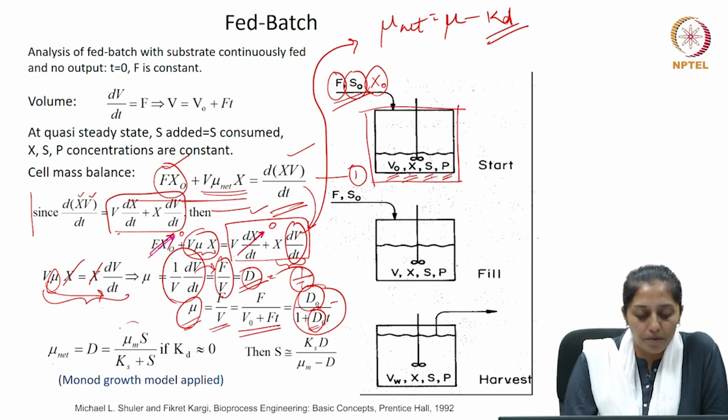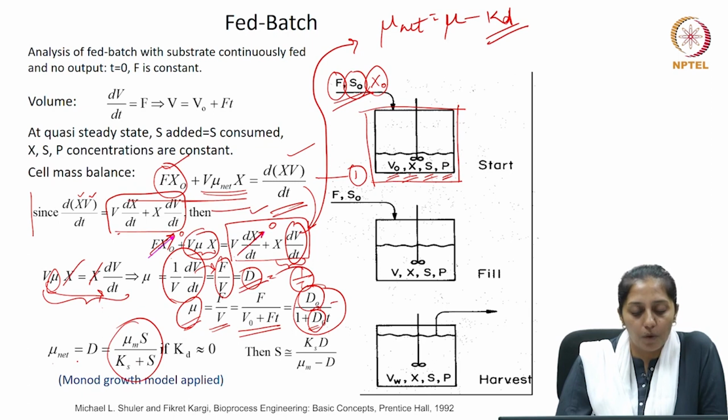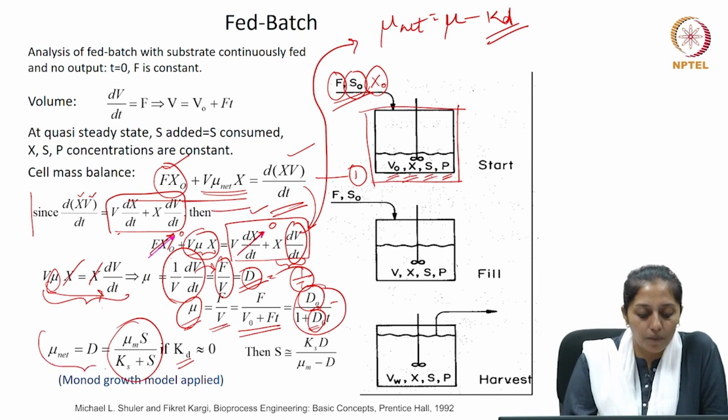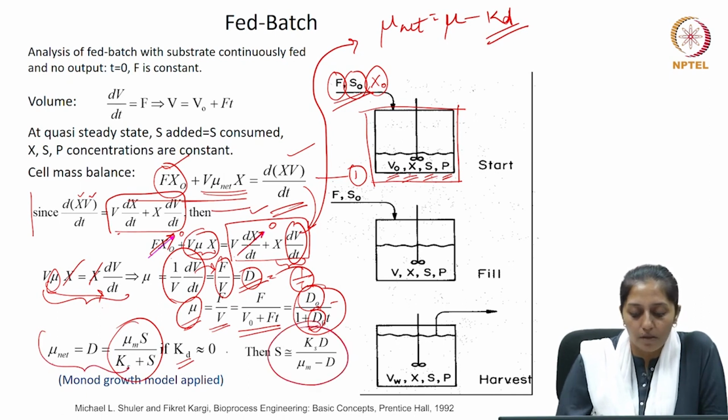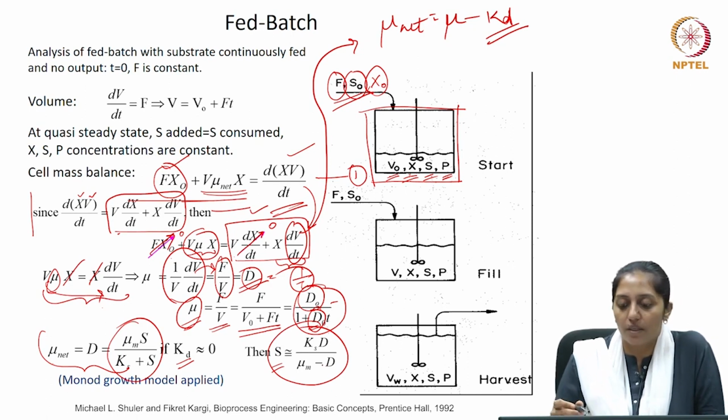Mu can be substituted as Monod's model in terms of S, assuming there is no endogenous metabolism present, and if you do the rearrangement of this equation, you will see S is equal to Ks D upon mu m minus D. So, let us see how.